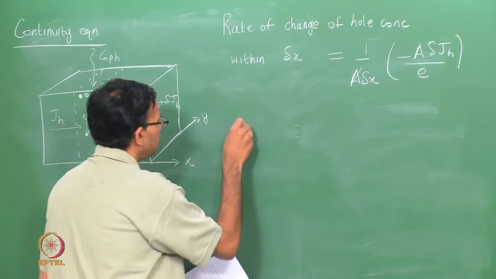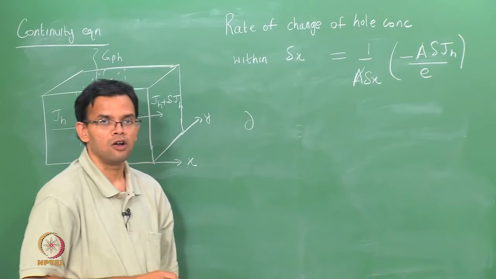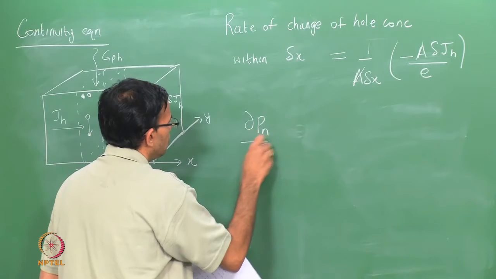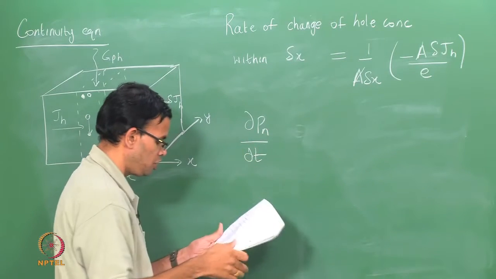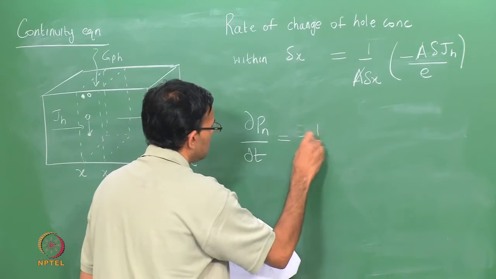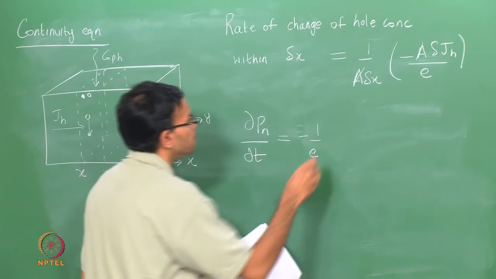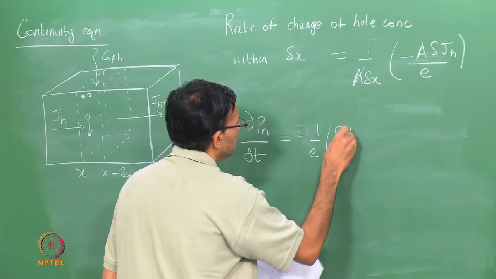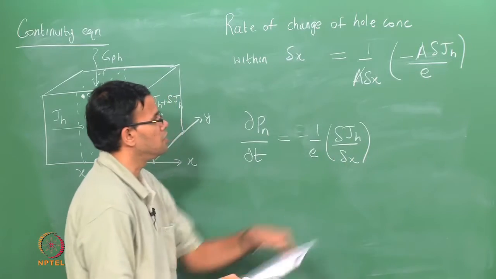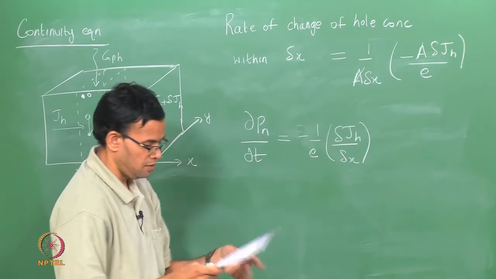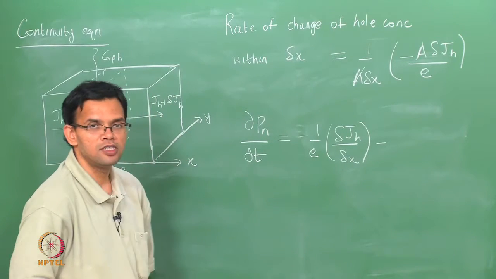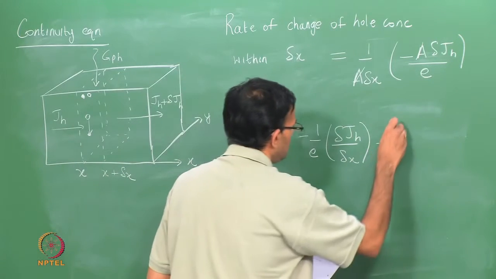So, we can relate this to how the concentration of holes actually change. So, dPn or dou Pn over dou T is nothing but minus 1 over E dou JH over dou X. So, it is just this term that is written here, minus the holes that are lost due to recombination.